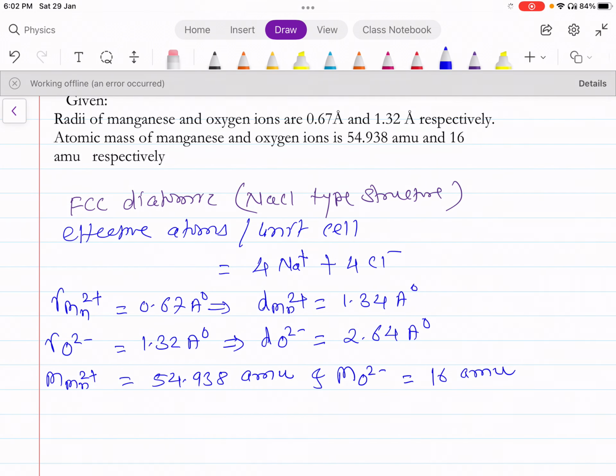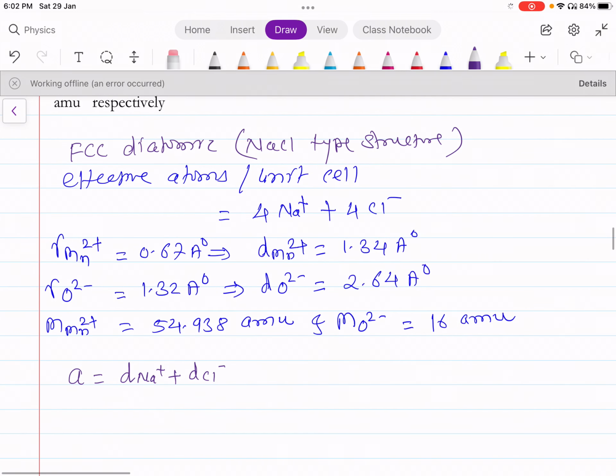Now when it is FCC diatomic NaCl type, we know that for the lattice constant, in this case atoms or ions are in contact with each other along the edge. That edge a is nothing but the diameter of sodium plus the diameter of chlorine, because along the edge they are in contact with each other. This formula we already derived, you must remember that.